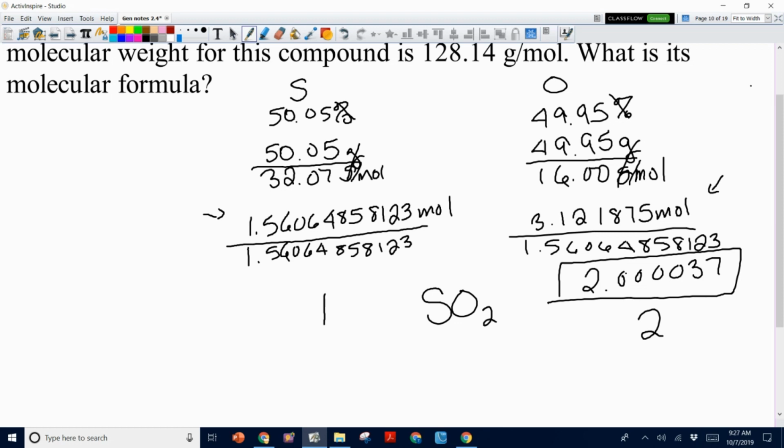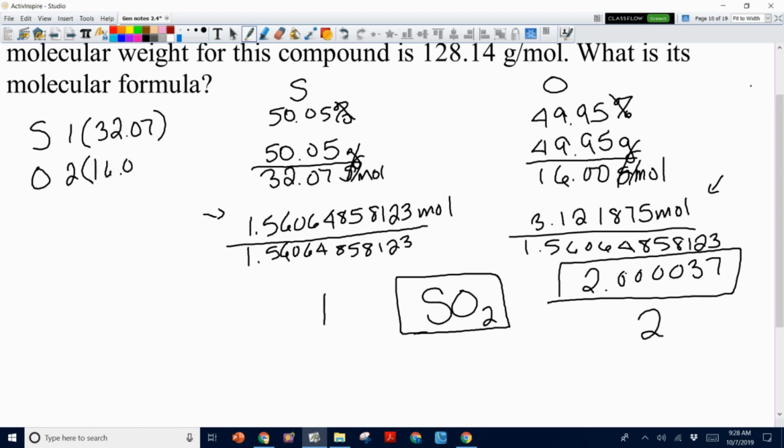It's very, very simple. All right, so here it says the molecular weight for this compound is 128.14 grams per mole. What is the molecular formula? Well, for this one, we're going to have to calculate the molar mass of our empirical formula. So S, we have 1. O, we have 2 of those. Sulfur is 32.07.